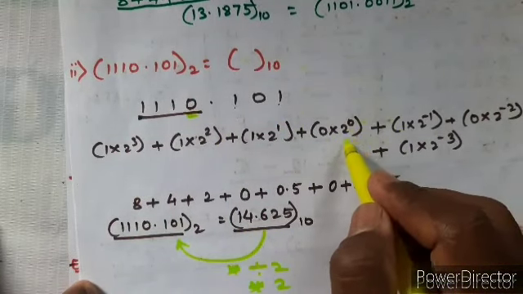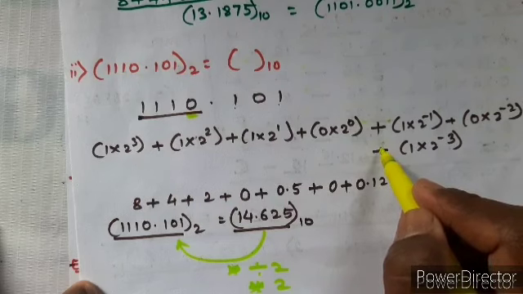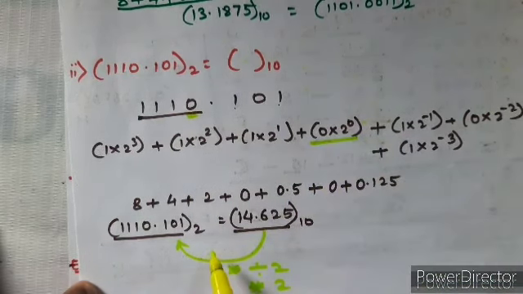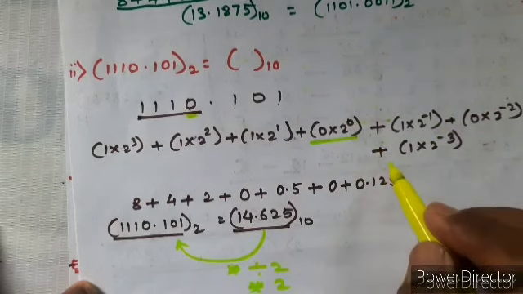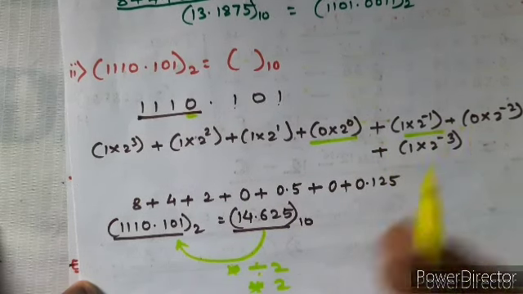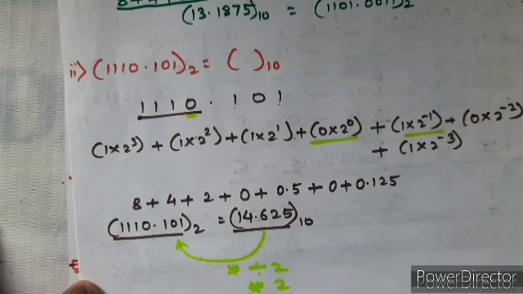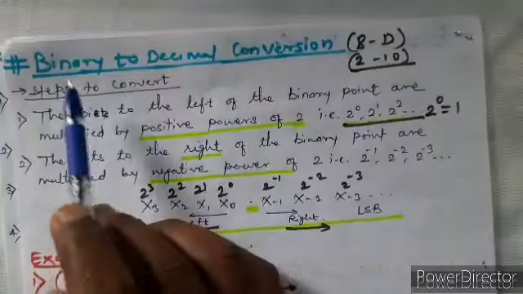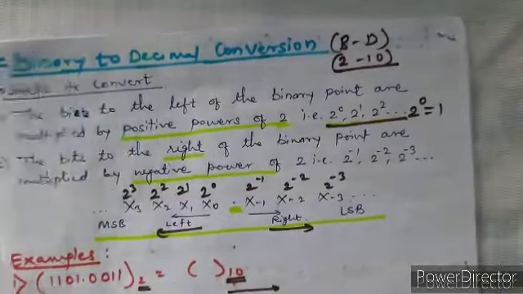So if we are moving from the binary point to the left side, then we are going to have positive powers of 2, and if we are moving from the binary point to the right side, then we are going to have negative powers of 2, right? I hope this example and this binary to decimal conversion is clear for you.